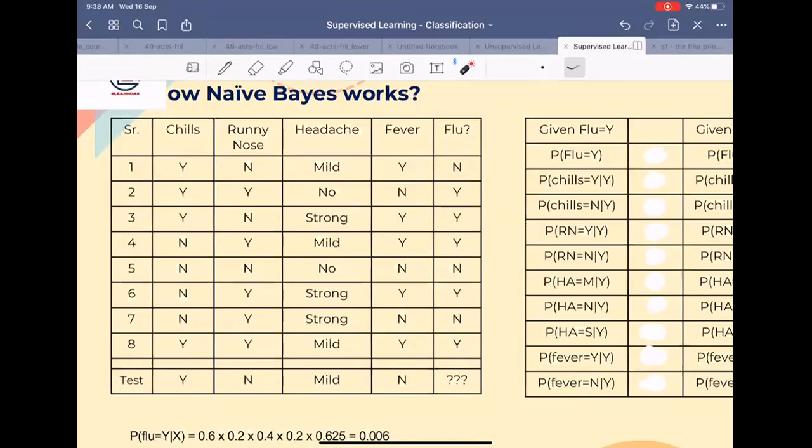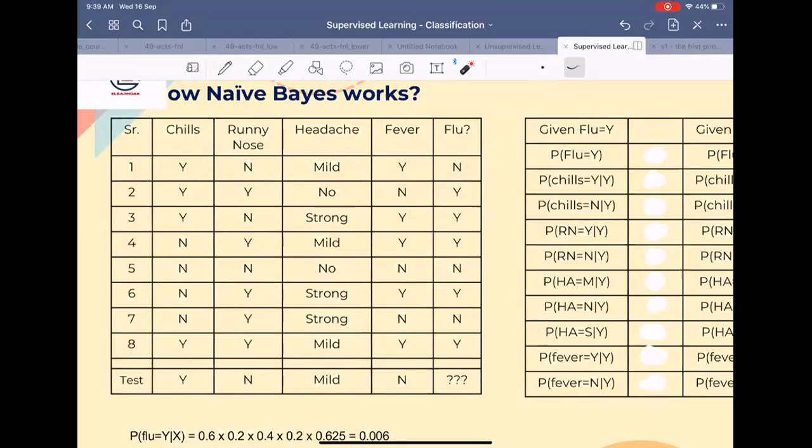This is an example of medical data. We have the 4 features: chills, runny nose, headache, and fever. What this data basically means is, if someone has the chills, feeling very cold, and they do not have a runny nose, their headache is mild, and they have fever, yes, then they do not have flu.